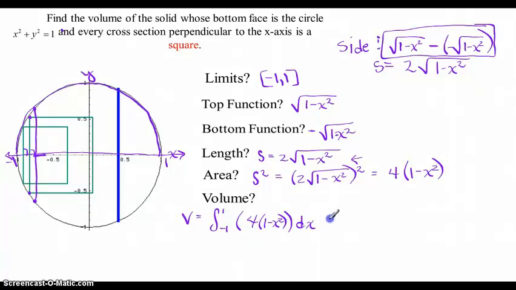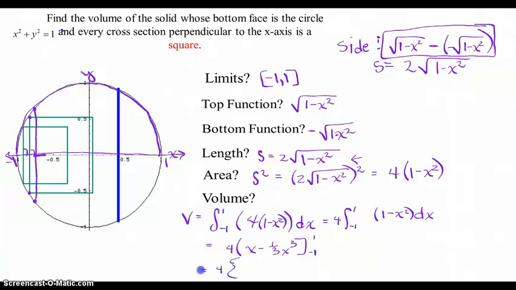So again, now we're just down to the calculus that we know, from -1 to 1 of 1 minus x squared dx. We find our antiderivative function, pop our 4 out front, we have x minus 1/3 x cubed, and we are integrating from -1 to 1.